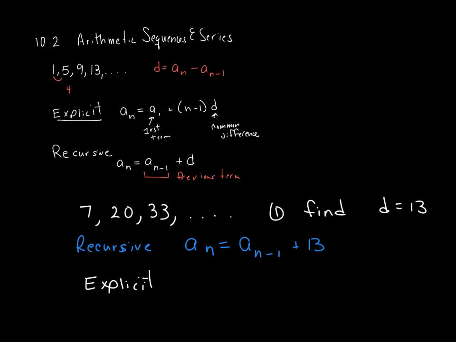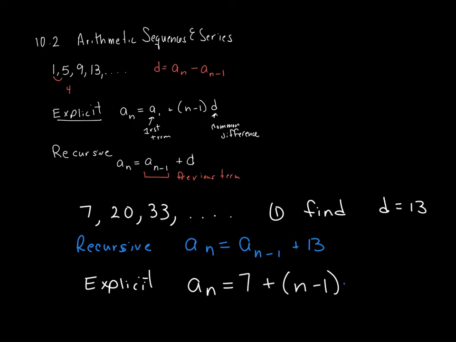So the explicit rule has the formula a_n is equal to a_1, and a_1 in my explicit is just what the first term is, so that leaves me with 7 plus, this stays as n minus 1. That will not ever change, but now I have to multiply that times my common difference, and my common difference, I said before, was 13.